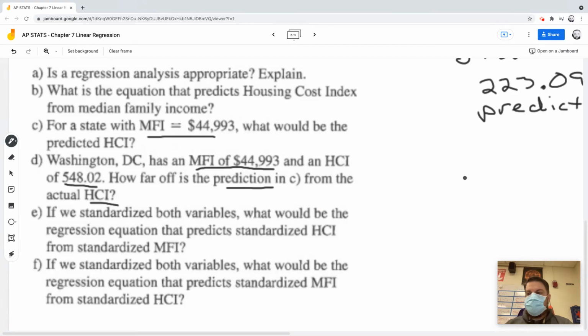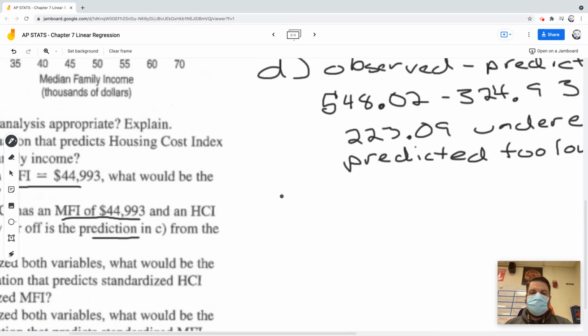Well, the z-scores would have that same relationship. So let me think of how I would write that. So for E, the slope relates to the correlation for z-scores, so the regression equation would be z hat of the housing cost index, the predicted z-score, would be equal to 0.065 times z of the median family income.